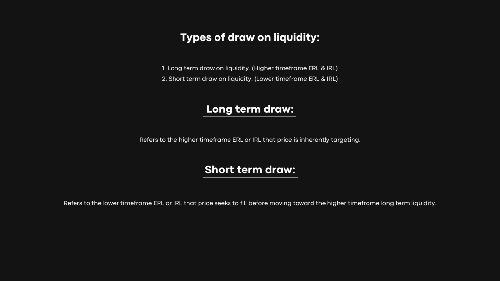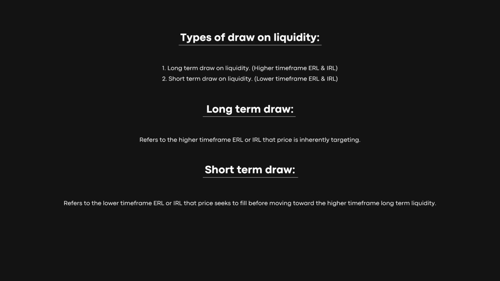And that way you won't be second guessing yourself, and it won't lead to frustration because you would know exactly what's going on, right? This is really important to understand because a lot of traders make this mistake. It's basically like you are right about the destination, but not about the path that price would take to get there.